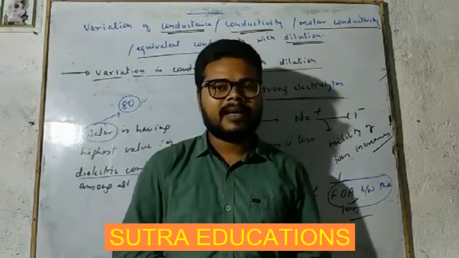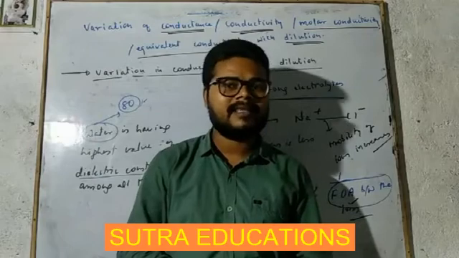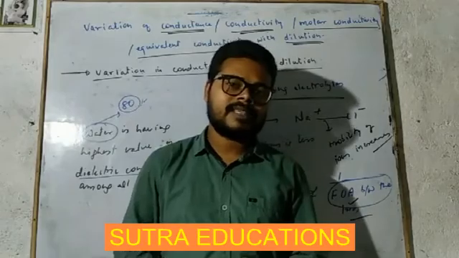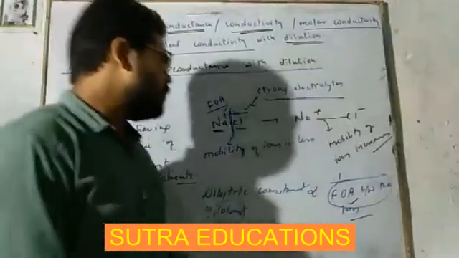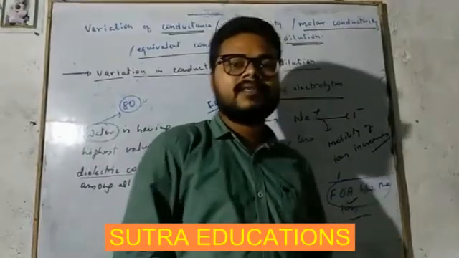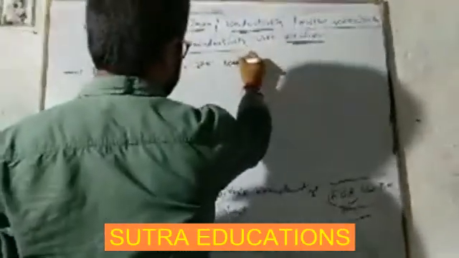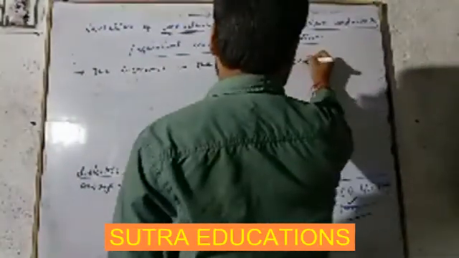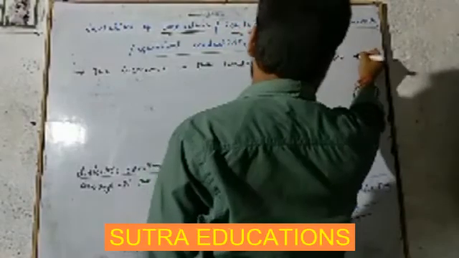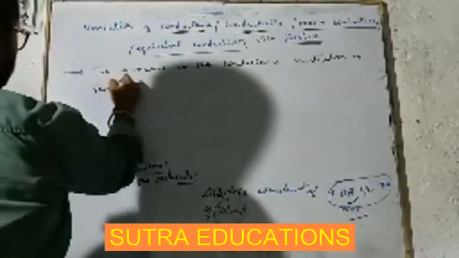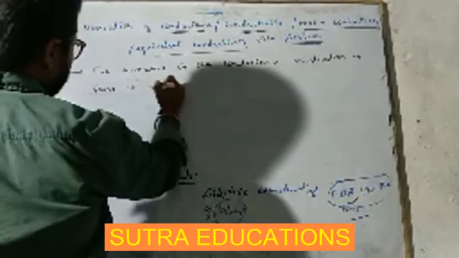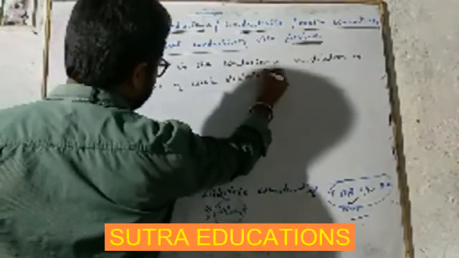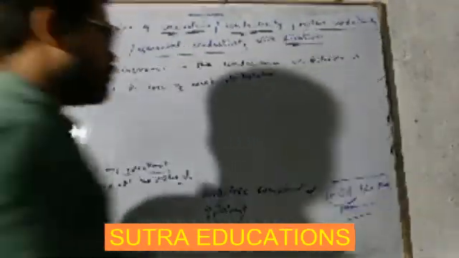I gave you the reason in the case of weak electrolytes why this happens, and in the case of strong electrolytes why this happens. But we say the increase in conductance on dilution will be more in the case of weak electrolytes as compared to strong electrolytes.